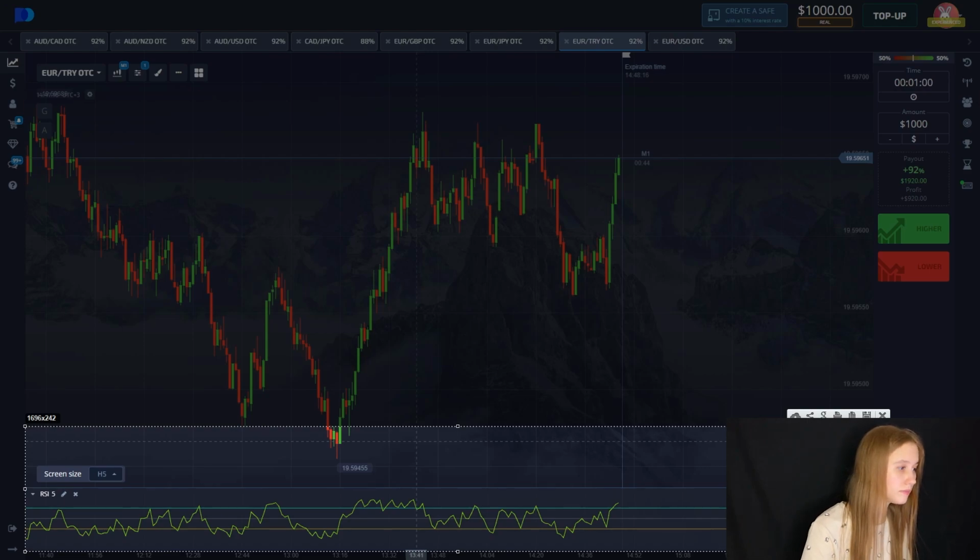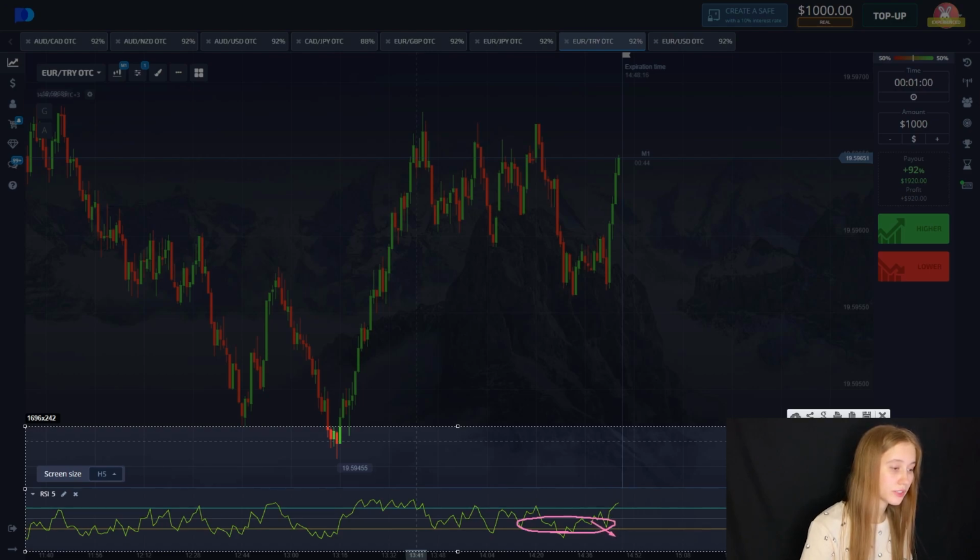That's the average value, and generally when our RSI is above this value, it indicates an upward trend. When the RSI is below this value, it indicates a downward trend.